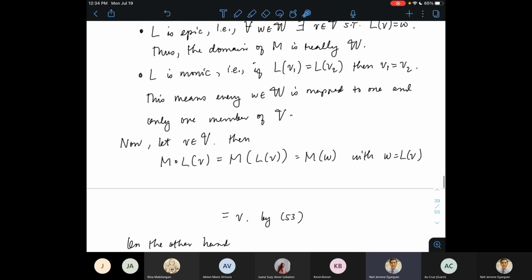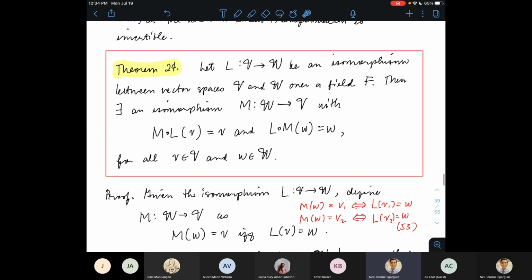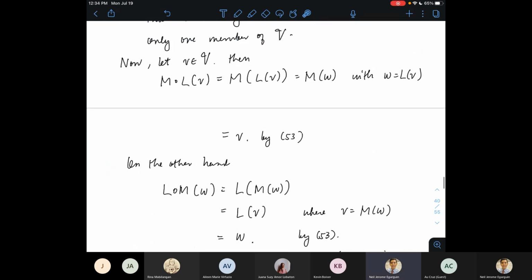Now, after proving that M is well-defined, let's prove that M satisfies the properties mandated by the theorem. That is, M circle L of V is equal to V, and L circle M of W must be equal to W. So let's see.